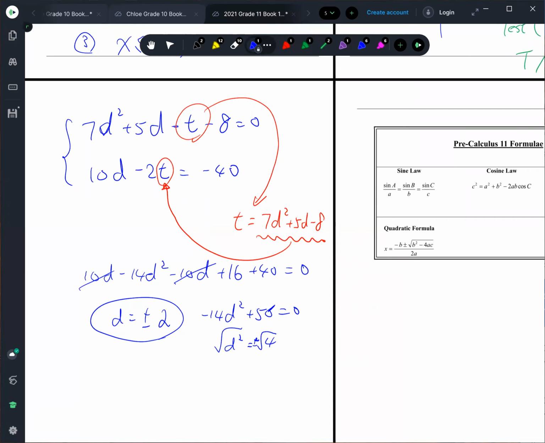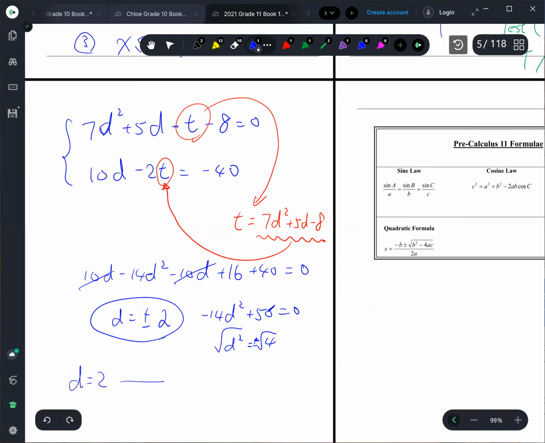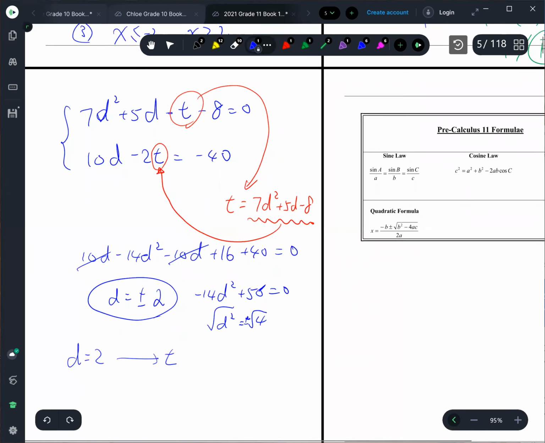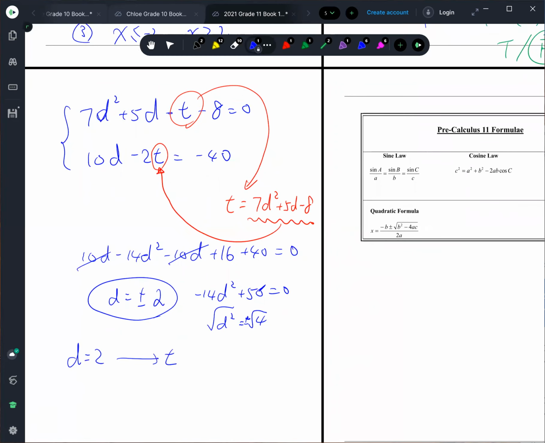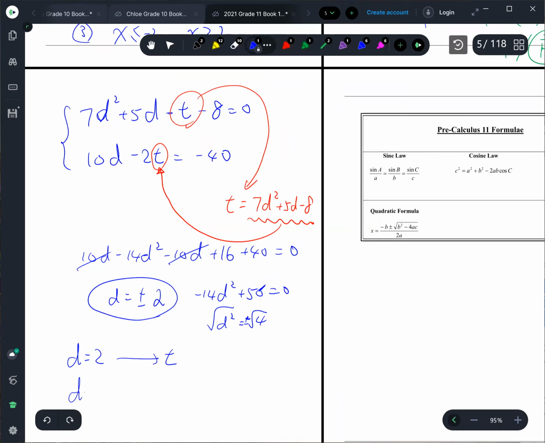You need to find T, right? So for when D equals 2, you need to find T. Do you know how to find T? You plug it back in, into the first equation. You can plug into any of them, or you can plug into the one you isolated, the red one. And same with D equals -2, you can also find a different one.